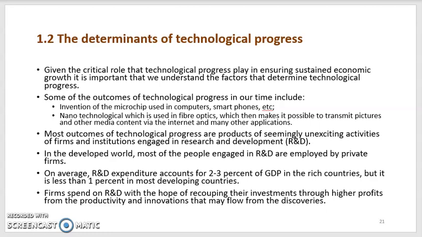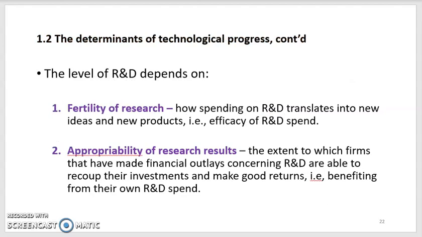Let's look at these two points separately. The first point is that the level of research and development depends on the fertility of research. This refers to how spending on research and development translates into new ideas and new products.